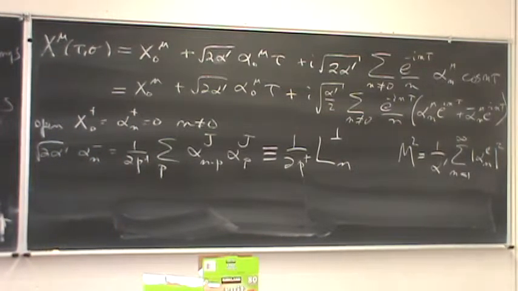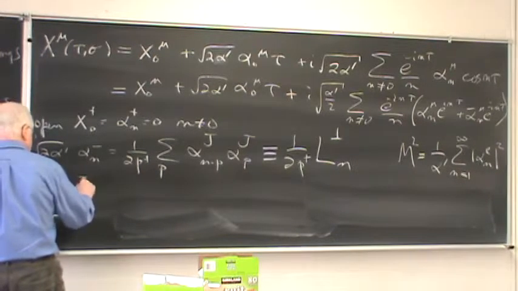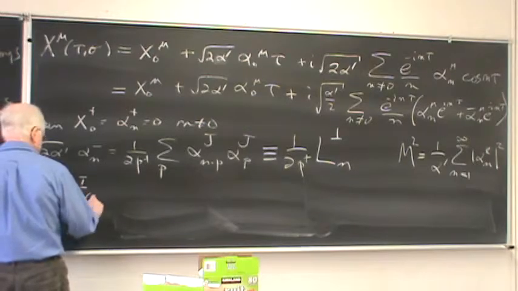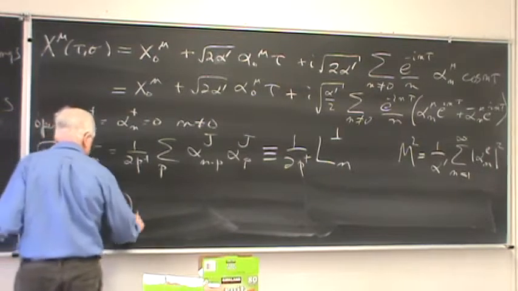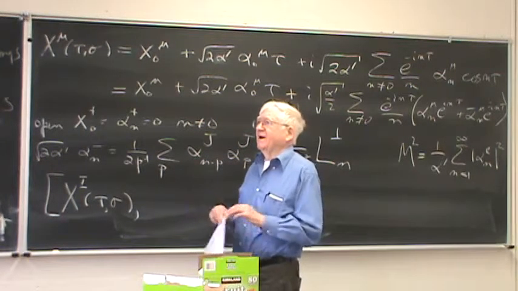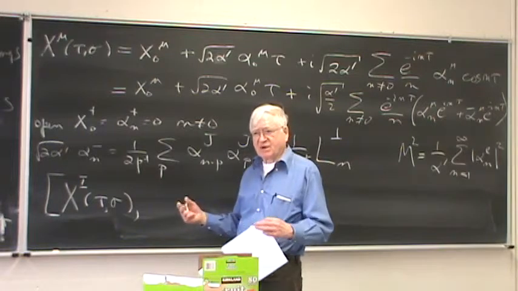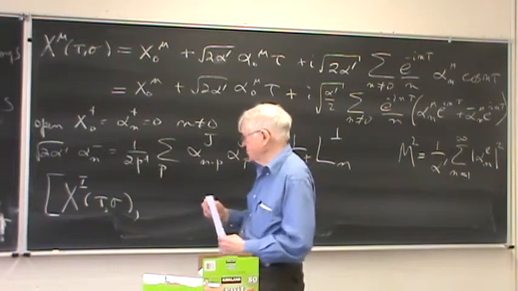If we now go to quantize the string, in light cone gauge, what one does is impose these commutation relations. These are equal time commutation relations. Remember, in quantum mechanics, you don't need to say equal time, but in quantum field theory, you always impose equal time commutation relations.